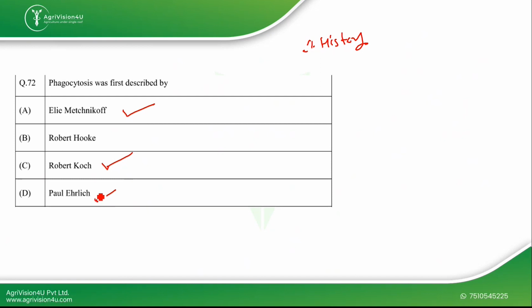For drug production, for antibiotics, Paul Ehrlich has a good contribution. So when we go for phagocytosis, it was first seen by Elie, and it was first reported by the Canadian physician William. But here, who had discovered? That was the question. So correct option is option A.